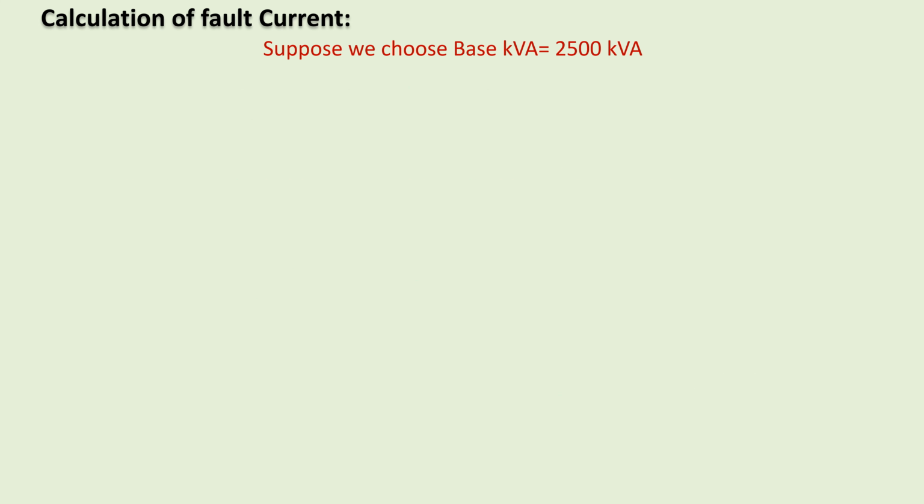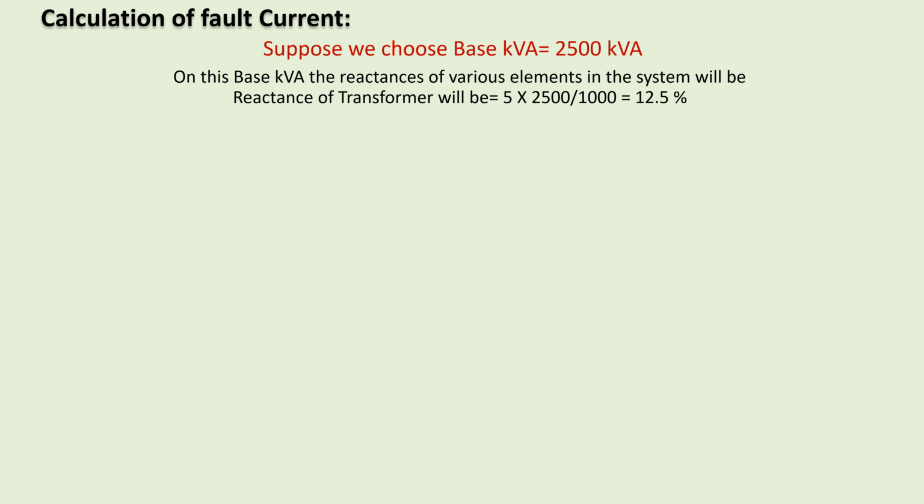Suppose we choose base kVA equal to 2500 kVA. On this base kVA, the reactances of various elements in the system will be: reactance of transformer is equal to 5 into 2500 divided by 1000 is equal to 12.5%.